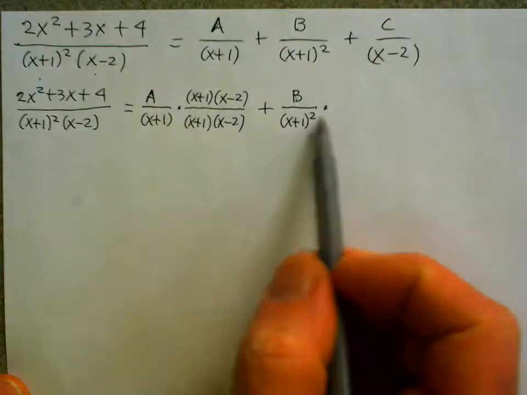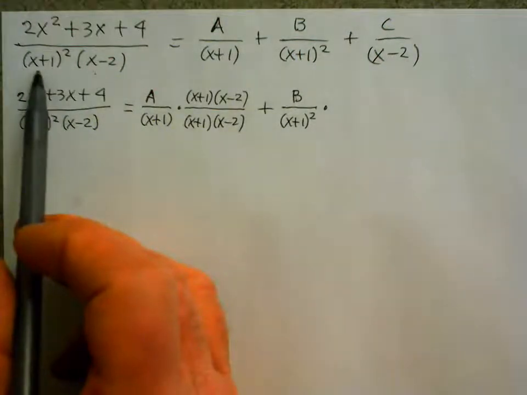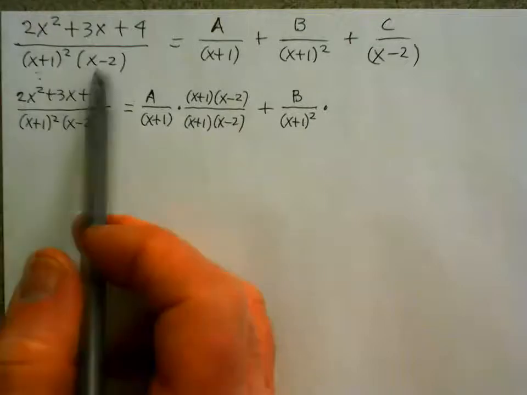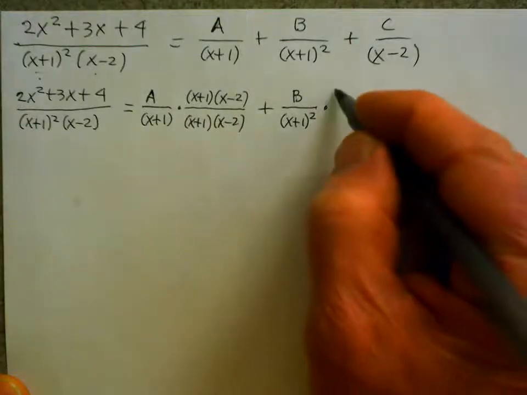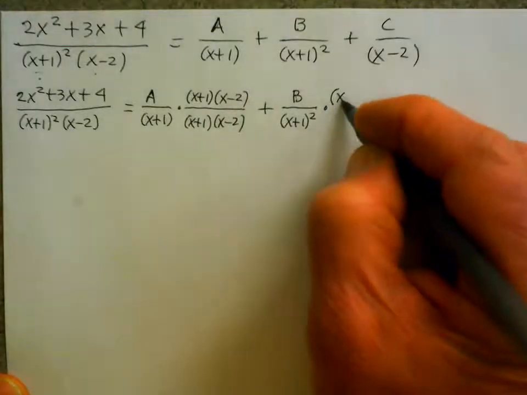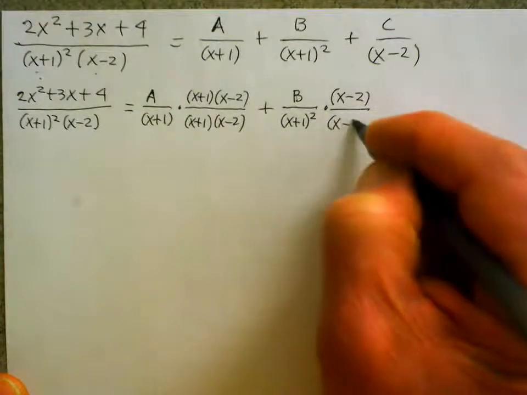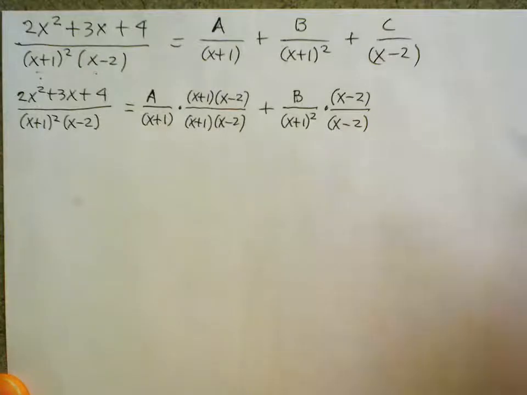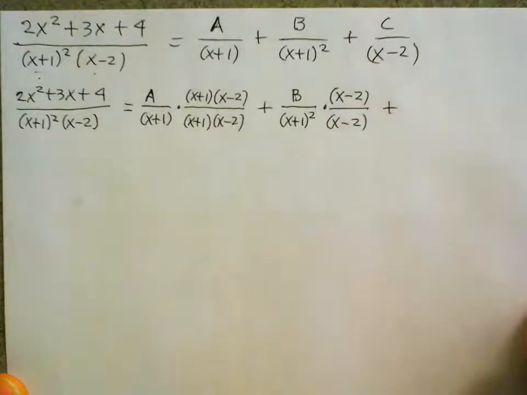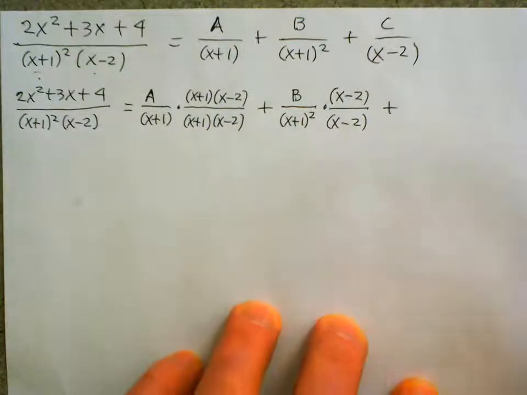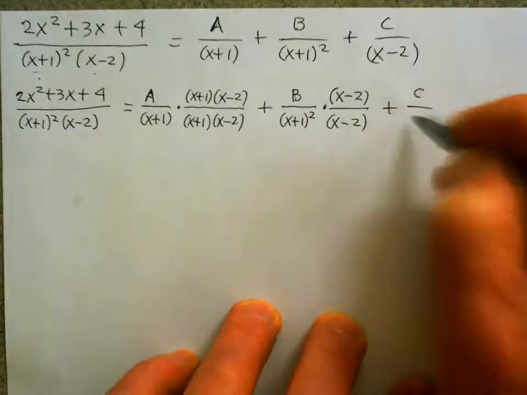Well, x plus 1 squared, we have those two factors. We just need the factor x minus 2. So the form 1 takes this time is x minus 2 over x minus 2. And then multiply c over x minus 2 by 1.